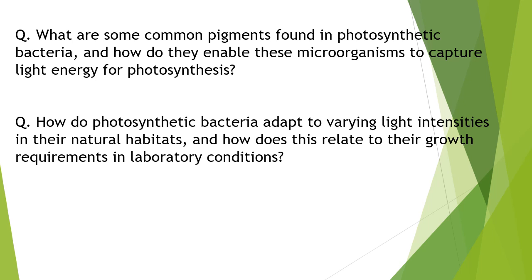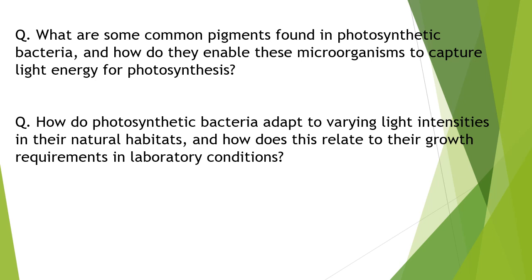Therefore, these pigments enable all these types of photosynthetic bacteria to efficiently capture light and convert the light energy, which supports their metabolic process and growth. So this is about common pigments and how they enable the microorganisms to capture light for photosynthesis.